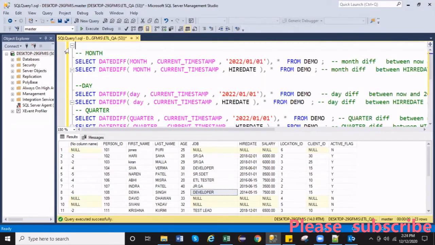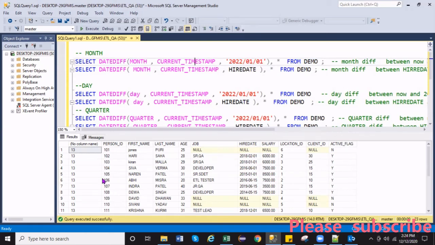Similarly, month also works the same way: how many months between the current date and the hire date. So if I need to find the month difference between this date and the current timestamp, let me run this one. See here, we are putting 2022 January 1st, and today we are at 2020 December 12.